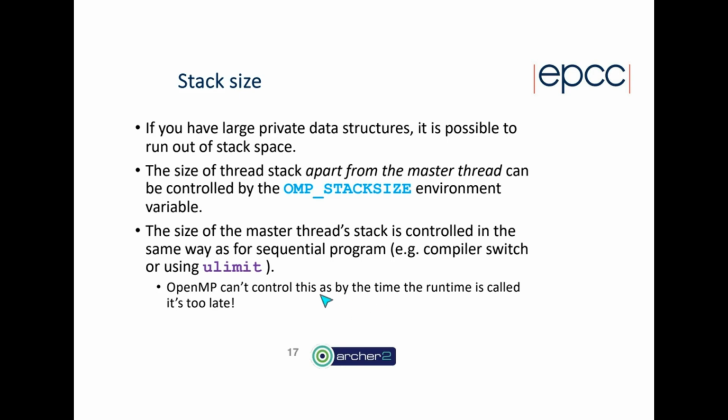This is slightly messy, and the reason is that OpenMP isn't able to control the master thread stack size, because that's controlled by the operating system when it creates the original process. By the time the OpenMP library can possibly get invoked, even at program startup, it's too late to change the stack size.